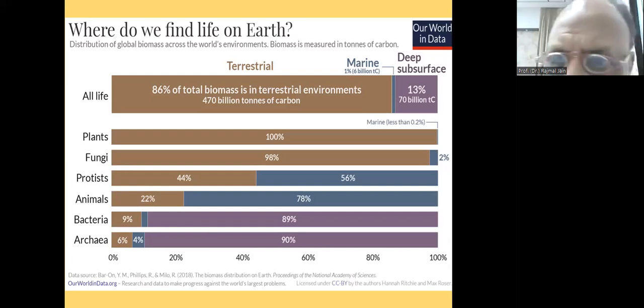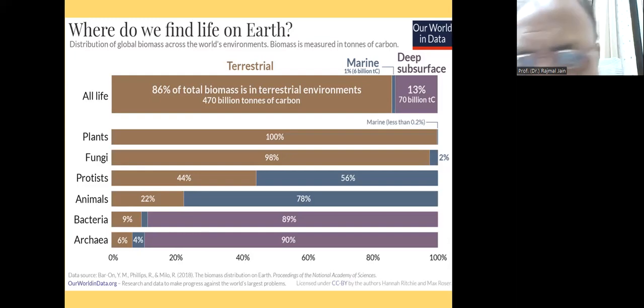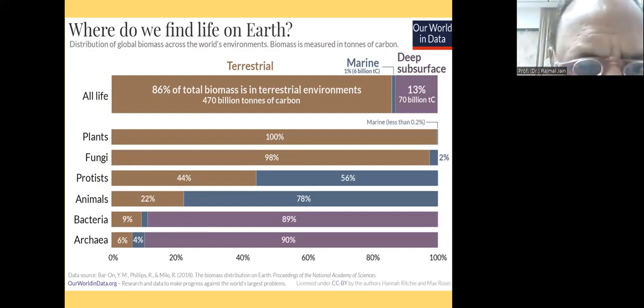You can see that by and large, 86% of the total life from 1 sense to 5 sense lives on the surface of the earth, but still, you will be surprised, 13% of the life is in the deep biosphere, that is under the surface. And the total mass on the surface is 470 billion tons of carbon.